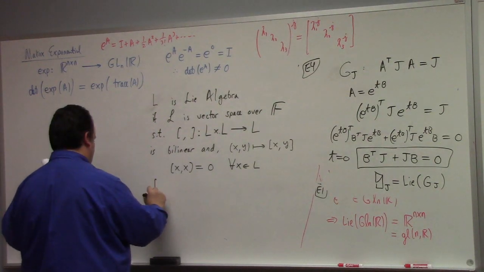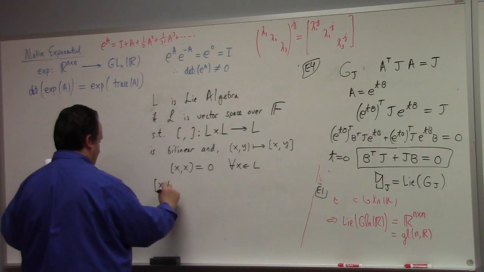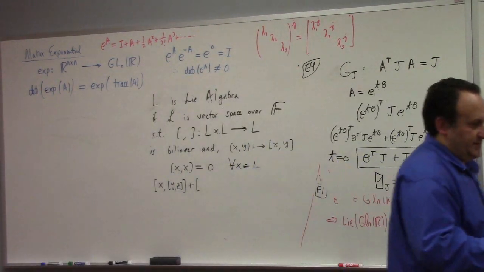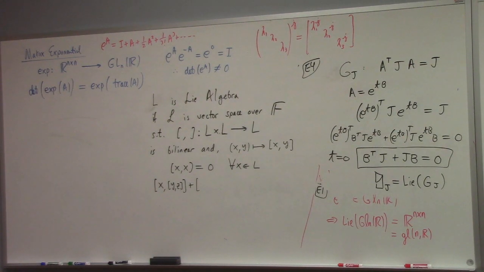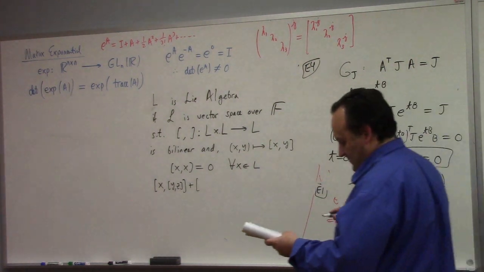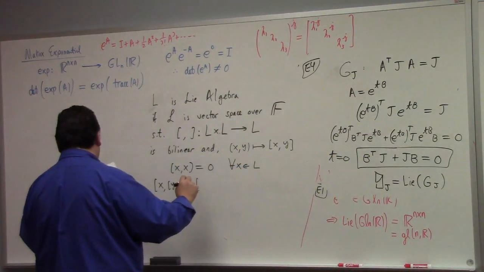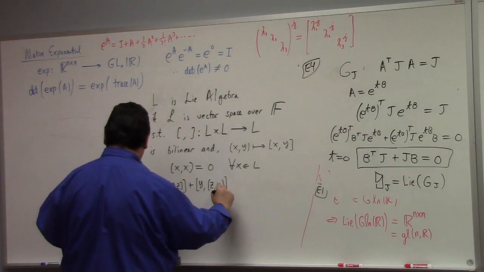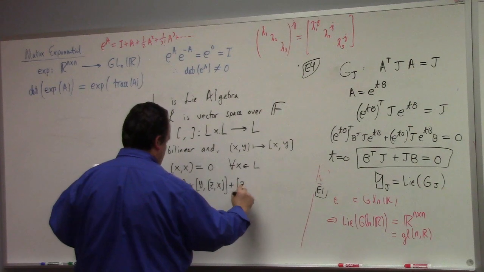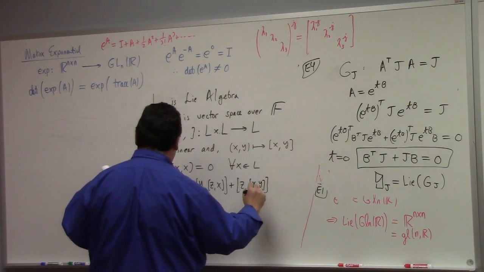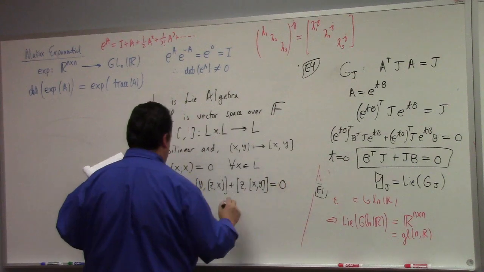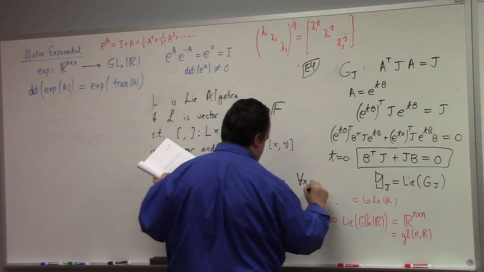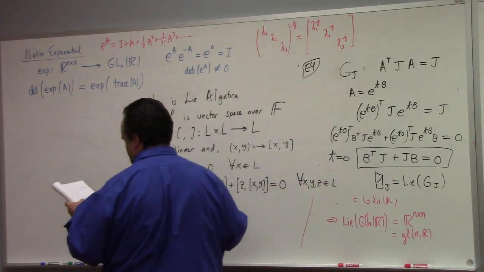And now watch this one here: x with the bracket of y, z, plus y with the bracket of z, x, plus z with the bracket of x, y, equal to 0. And this is, of course, for all x, y, z in L. All right?